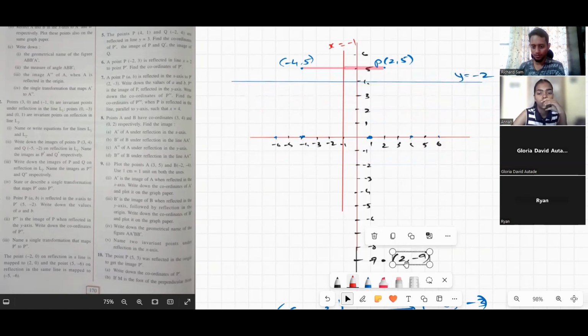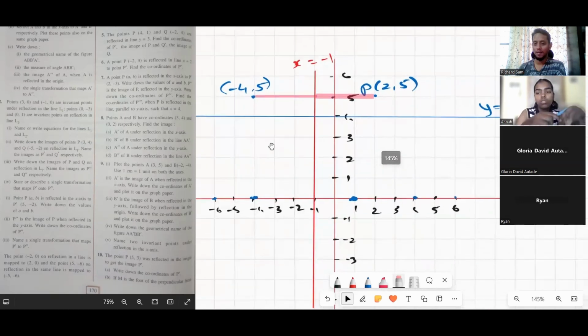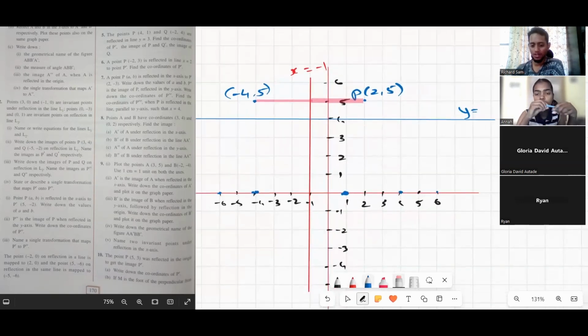What is this line here? Y is equal to 4. So tell me the reflection of this point P on this line, y is equal to 4.